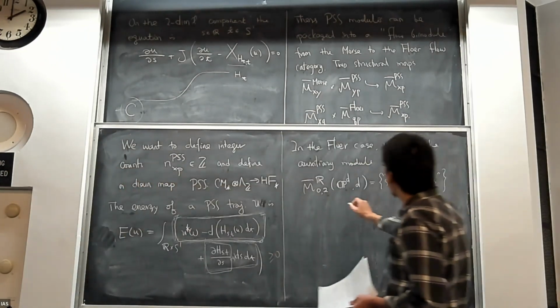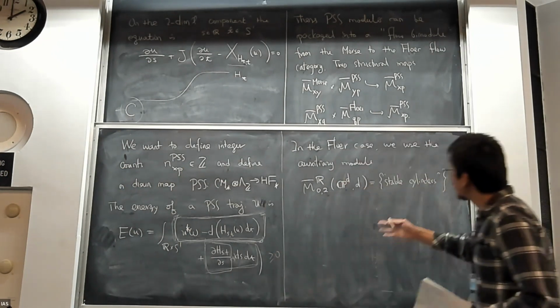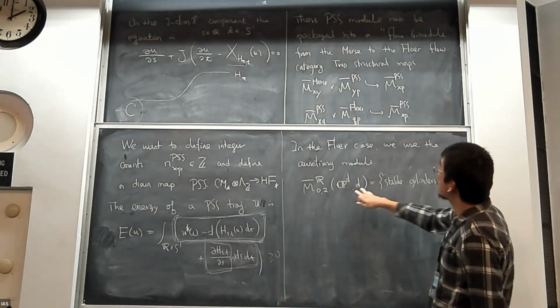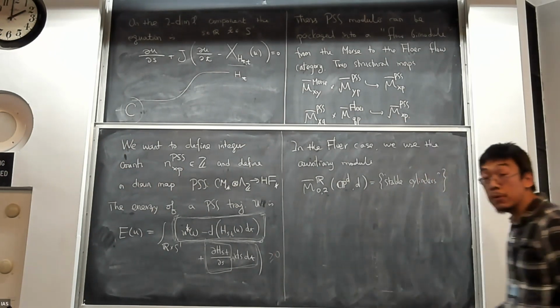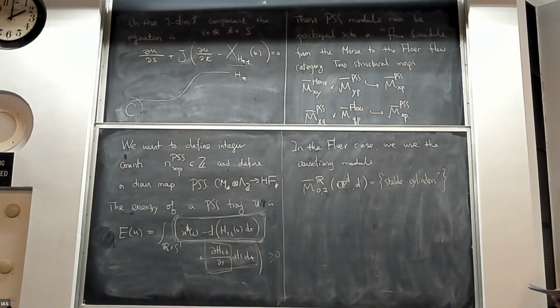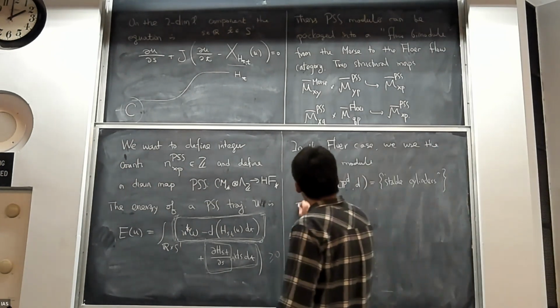Then in here there is an open set which is all those cylinders whose images do not contain any hyperplane, and that is a smooth manifold with boundaries and corners. Very easy.